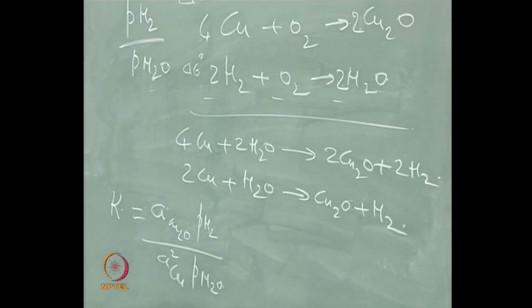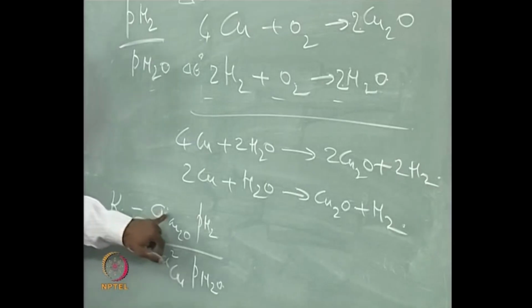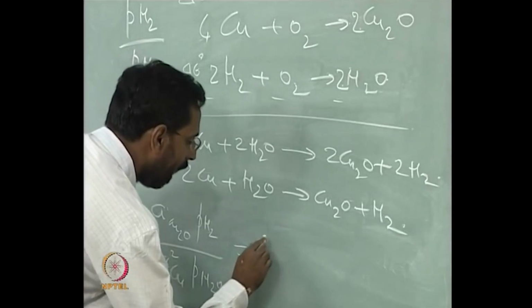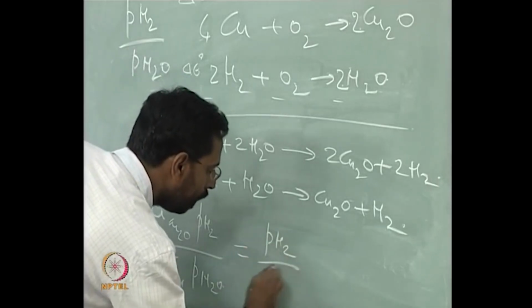So, there is no second component. Whenever there is a second component, then we have to consider what is the activity of it. So, activity basically becomes 1 when it is a pure component. So, if pure copper is getting oxidized and giving you pure Cu2O, then the activities are 1s for these two, then I can write K as nothing but pH2 by pH2O.